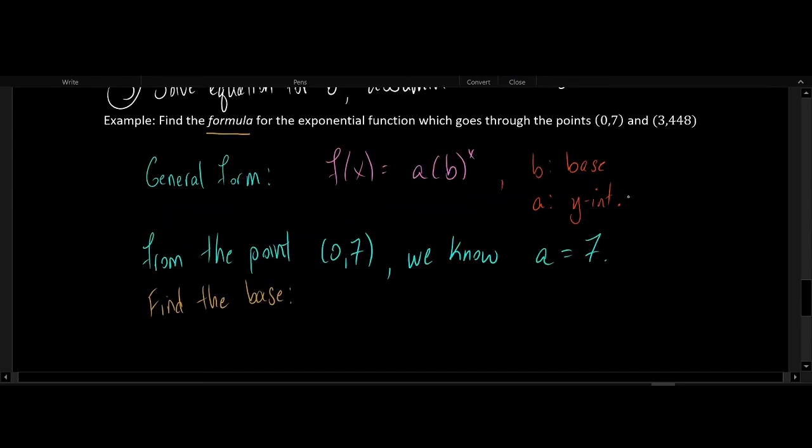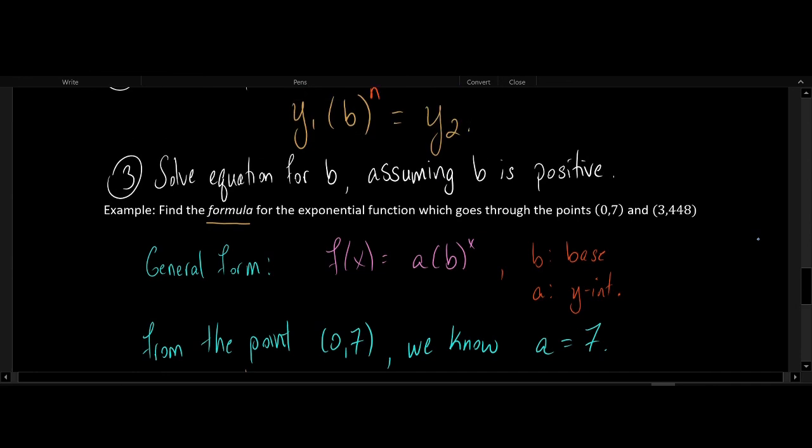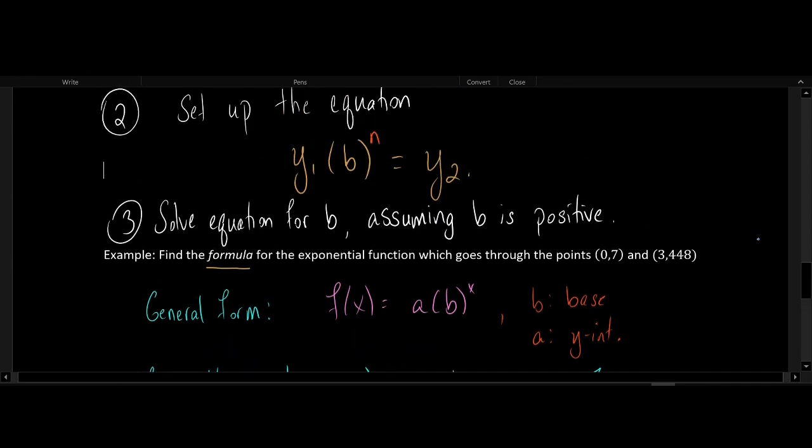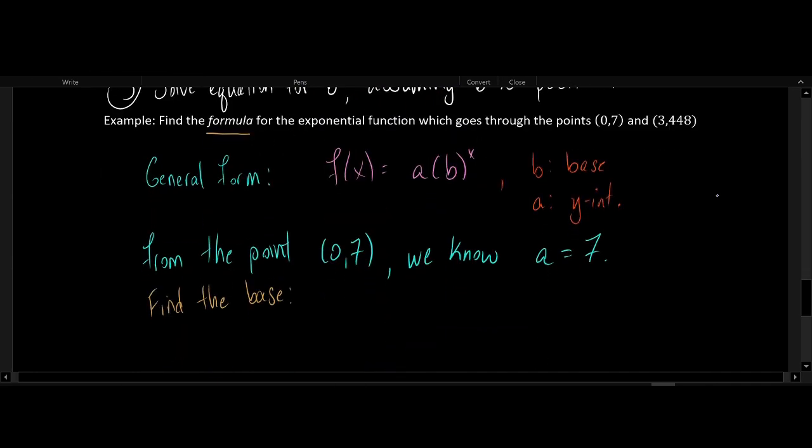So let's use the process that we described and used in the previous examples. The first thing that I'm going to do is I'm going to figure out how much x has increased. And so I'm going to say, moving from x equals 0 to x equals 3, how much did x have to go up to go from 0 to 3?